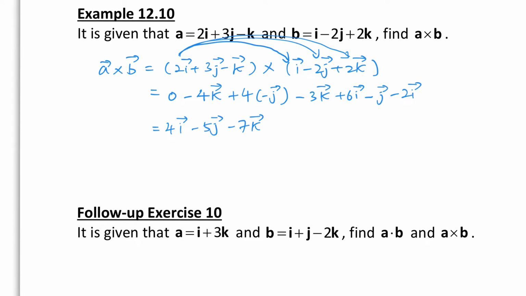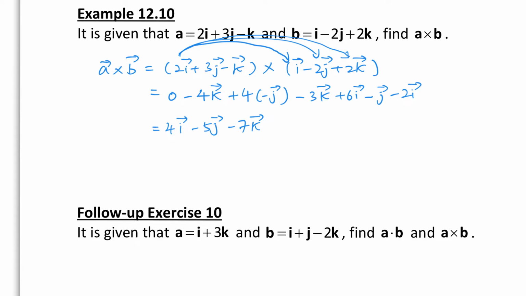I don't want to expand it one by one, so I write down the answer for you. For example, this one, 3j times i, j cross i is equal to negative k, and then j cross j is equal to 0, and j cross k is equal to i, so this is equal to 6i. By simplifying the ijk, you can find the final answer.